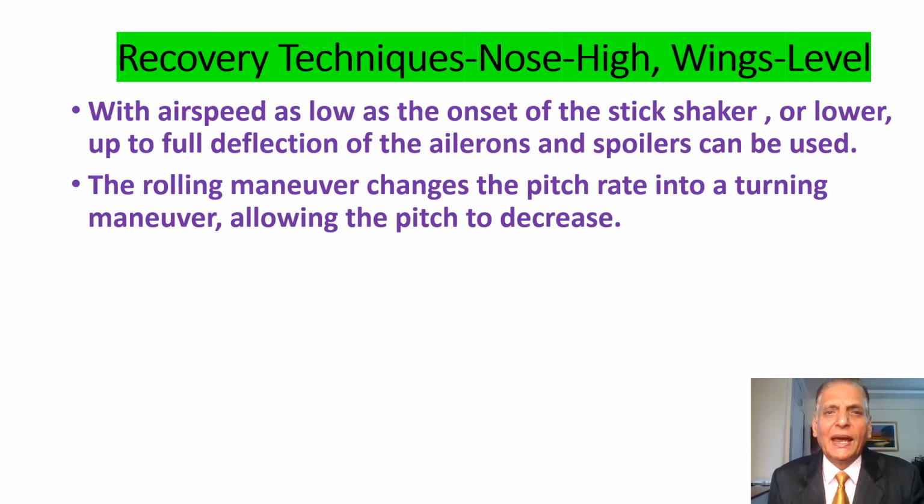With airspeed as low as the onset of the stick shaker or lower, up to full deflection of the ailerons and spoilers can be used. The rolling maneuver changes the pitch rate into a turning maneuver, allowing the pitch to decrease.